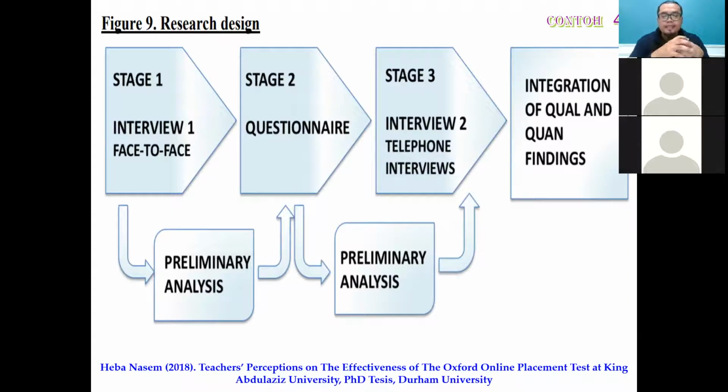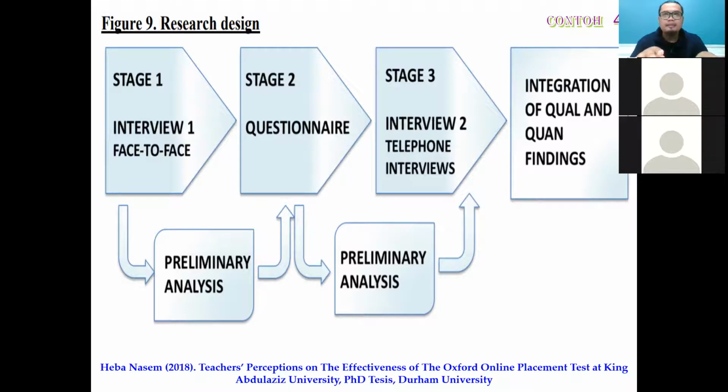Okay, this is a research design proposed by Helber Nassim in their thesis. The topic is teacher perception on the effectiveness of the Oxford Online Placement Test at King Abdulaziz University. They have three stages. Stage 1 is a face-to-face interview, stage 2 is a questionnaire, and stage 3 is an interview. So they use two methods, interview and questionnaire.